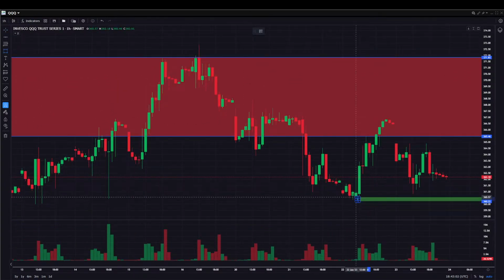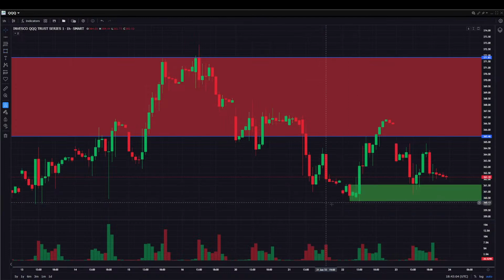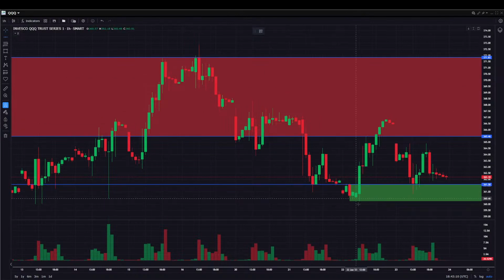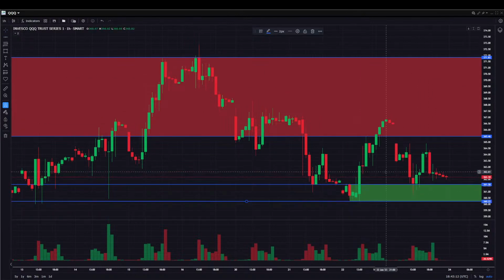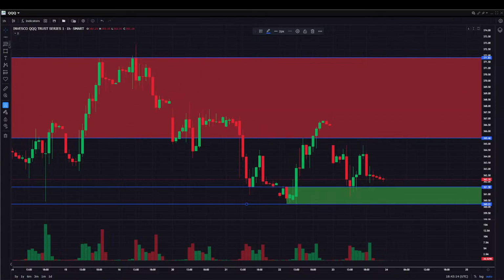So starting with demand zone, and then pretty much our supply zone.